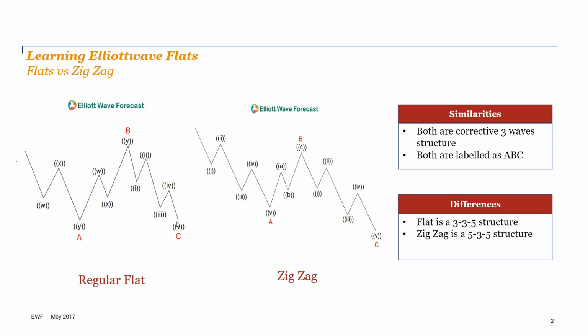And when they find the 5 waves, like this, for example, 1, 2, 3, 4, 5, they are happy thinking that, okay, after a 3 waves pullback, I can sell it because I see 5 waves, which is the trend, so it must give me another 5 waves down, right?